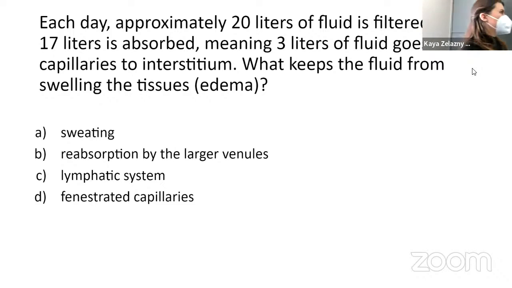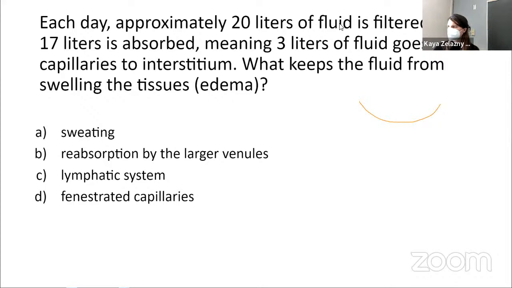This one is more of a remembering thing rather than a logicking thing. Take a second to look at this question. Right.